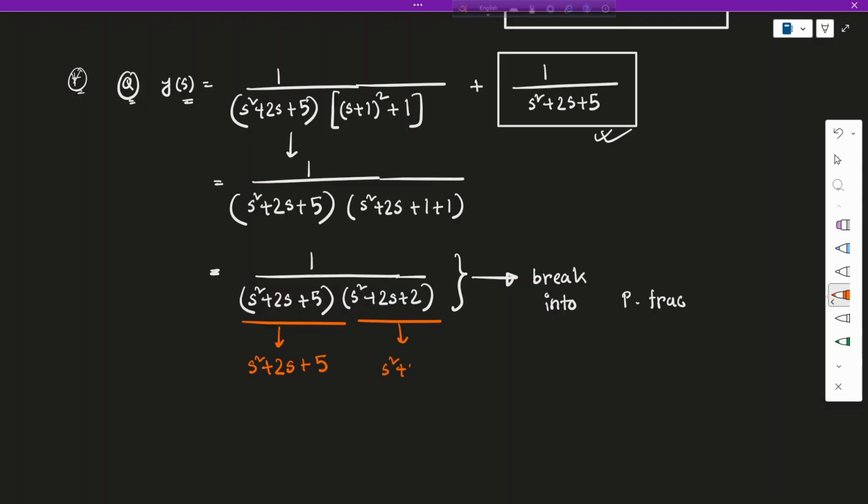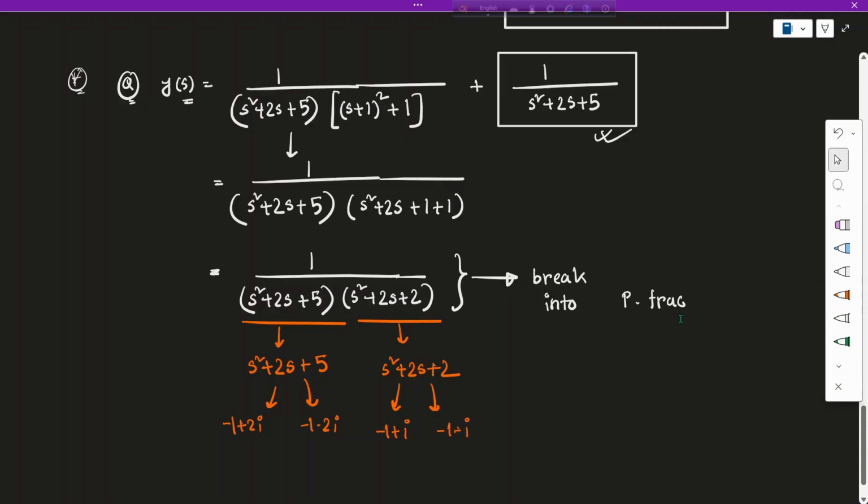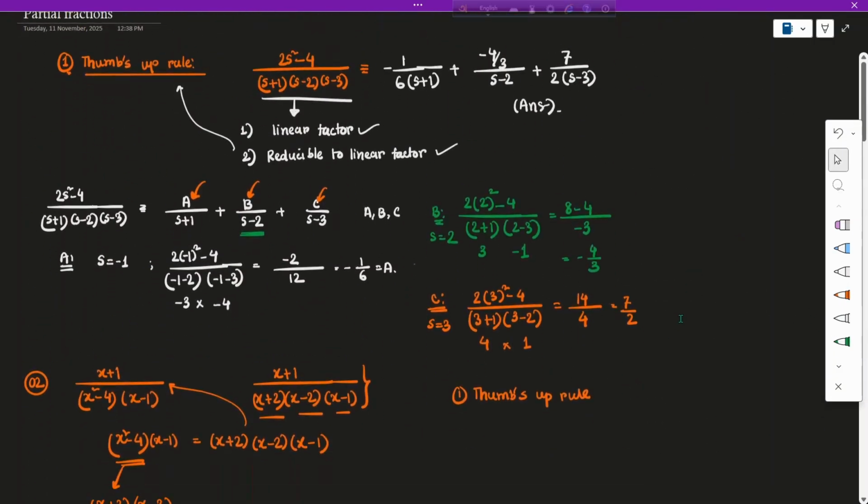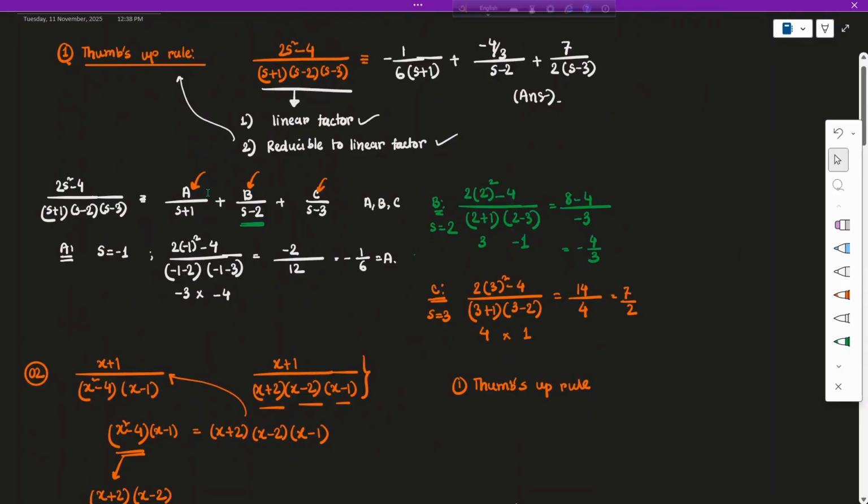If you try with your calculator, I want you to find out what their roots are. For the first one, the roots are these two, and for the second one, the roots are these two. That's what I was talking about. In the first type, the thumbs up rule, we had linear roots, s plus 1, s minus 2, s minus 3, or a type reducible to linear factors.